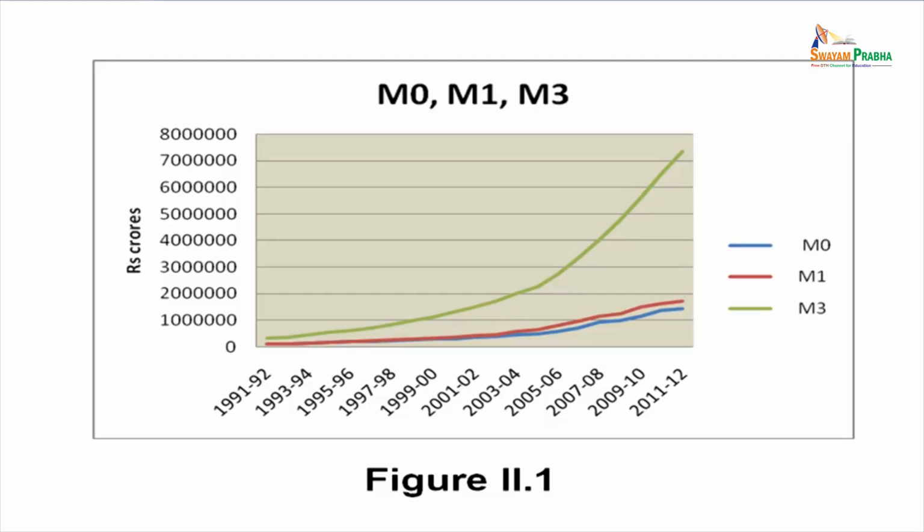So, there is a big difference between M0, M1 on the one hand and M3. So, M1 disturbances are very little or similar to M0. You can say M1 and M0 moved similar to each other in India, particularly in the last 20 years or so, or maybe 18 years or so.